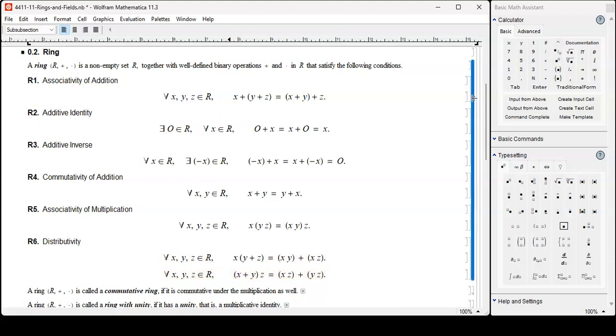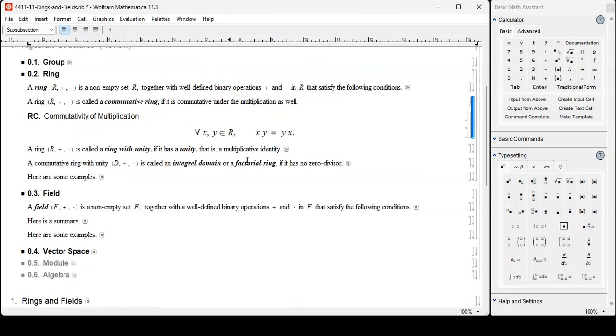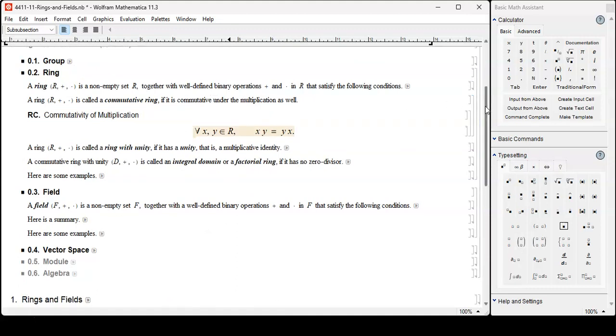Now, speaking of commutativity, it doesn't belong to these standard 6 properties that make a ring, but we can regard it as an additional condition that gives us something more specific. A ring that satisfies all those 6 properties, and in addition, this one as well, the commutativity of the multiplication, is called a commutative ring.